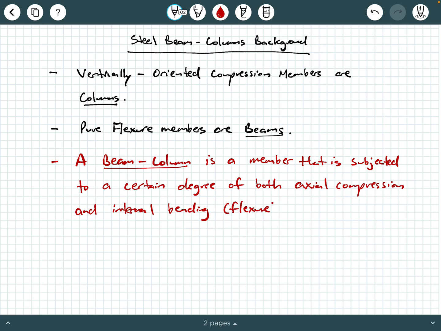These are very commonly seen in statically indeterminate systems.